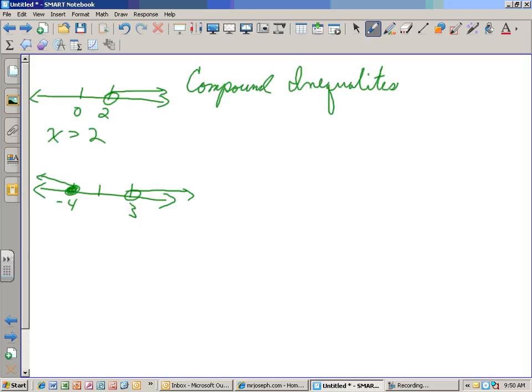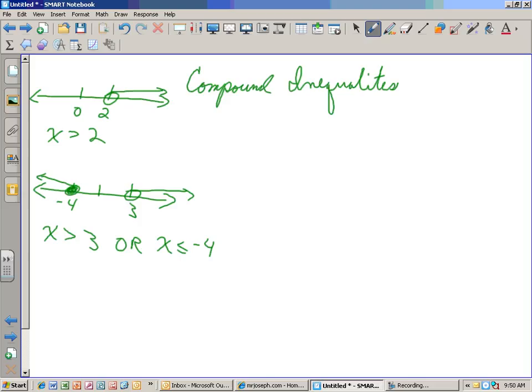So if you see a problem like this, the solution is x values could be greater than 3, or, and that's an important word, that word or, x is less than or equal to -4. It can't be and, because you can't have a number that's greater than 3 and also less than -4. It's one or the other.